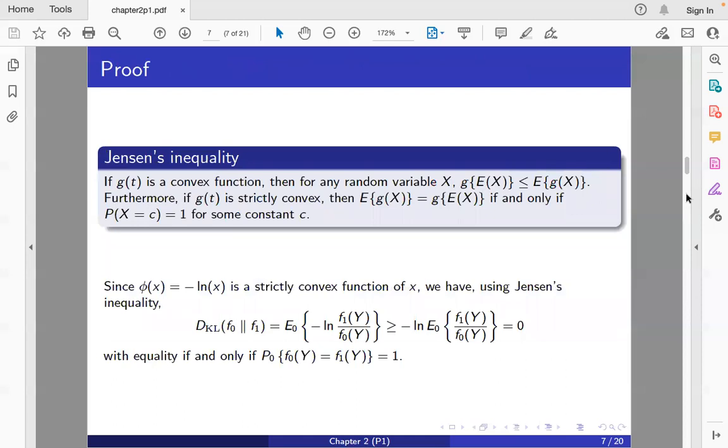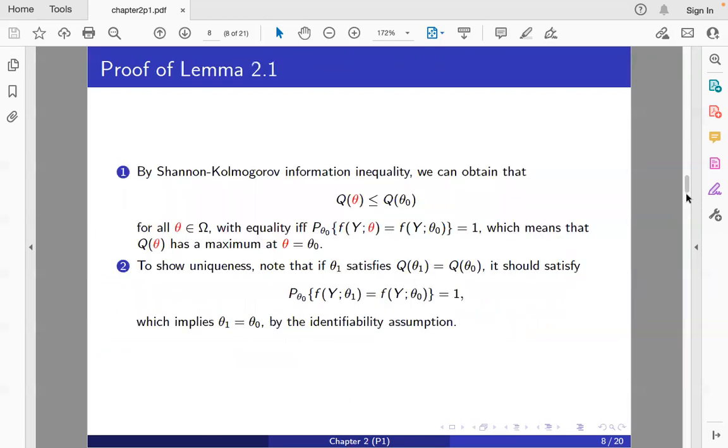Sorry, this here actually takes a minus. So where are we now? We want to show this. What we know is that the Kullback-Leibler divergence of F0 and F1 is non-negative.